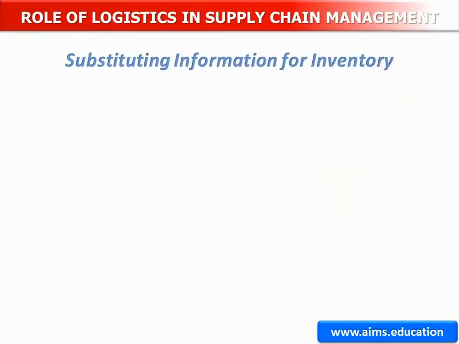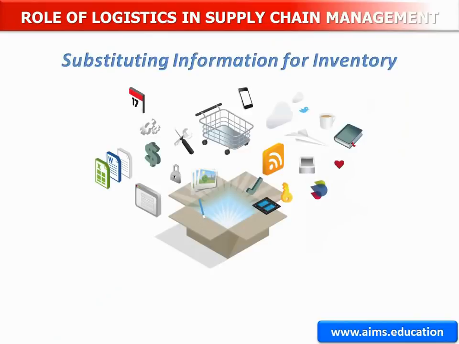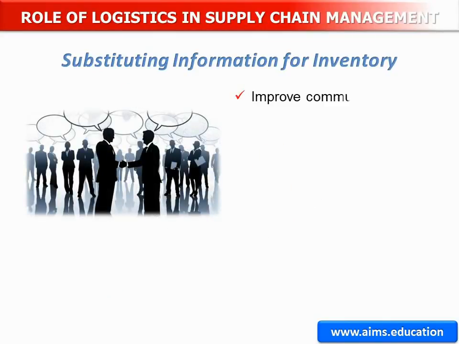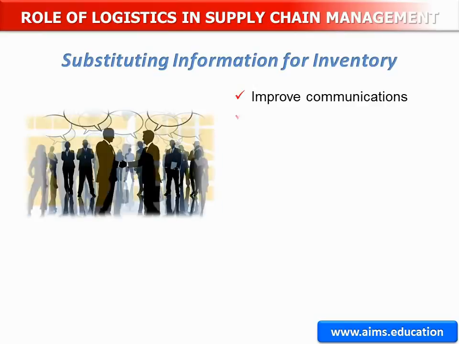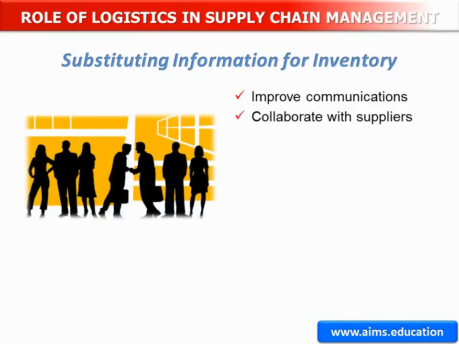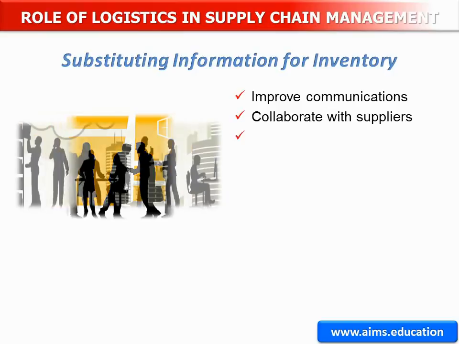Substituting information for inventory. Physical inventory can be replaced by better information in the following ways. Improve communications. Talk with suppliers regularly and discuss plans with them. Collaborate with suppliers. Use just-in-time to coordinate deliveries from suppliers.